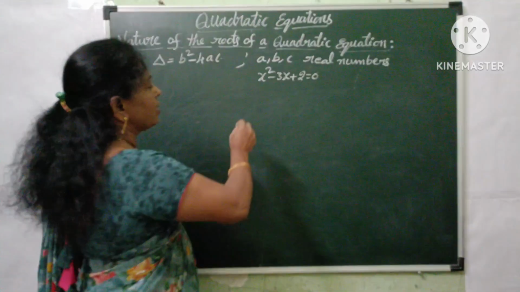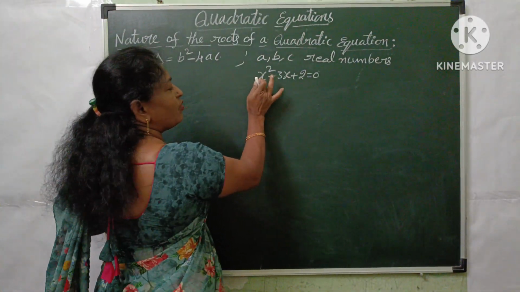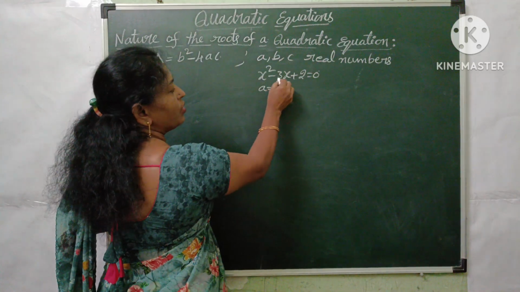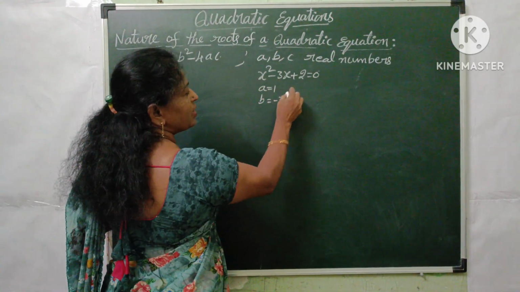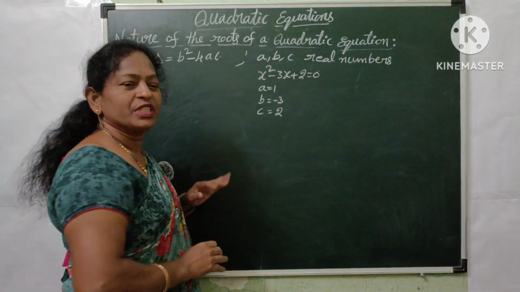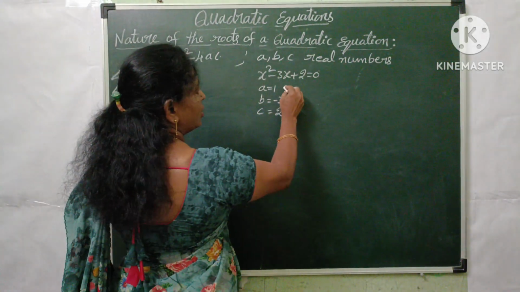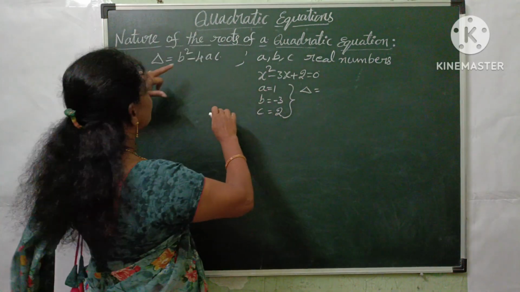So now see, here a, the x square coefficient, is 1, b, the x coefficient, is minus 3, and the constant term c is 2. Now delta equal to b square minus 4ac.